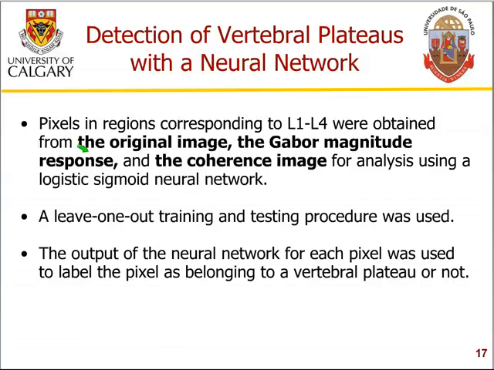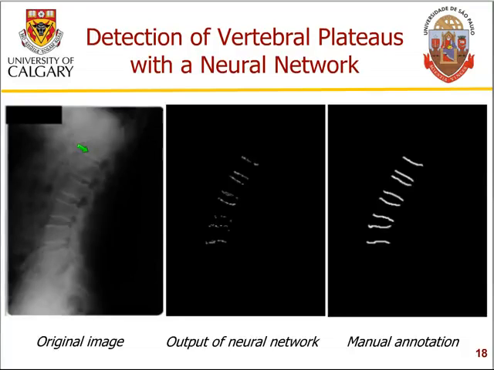So for every pixel, there are 3 inputs which were given to a logistic sigmoid neural network, and a decision was made as to whether the pixel belongs to a vertebral plateau or not. The output of the neural network was used to label the pixels, and the neural network was trained using a Lee1 image out procedure.